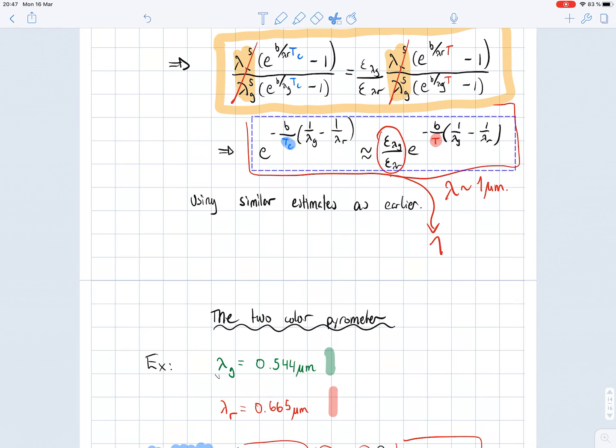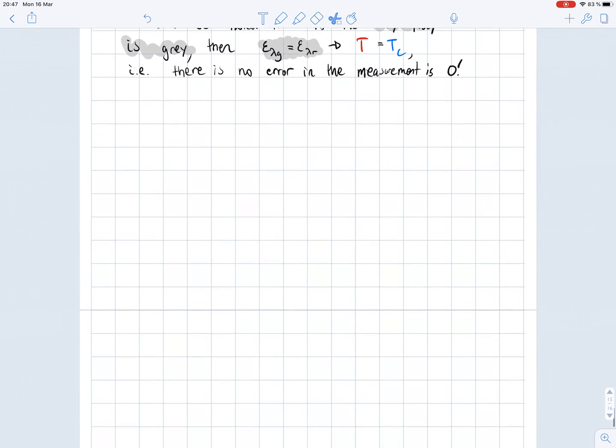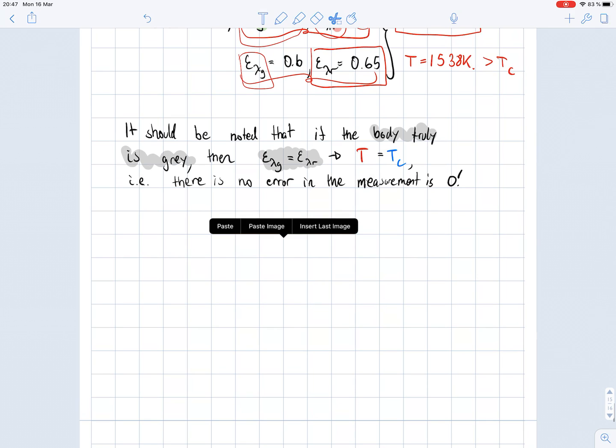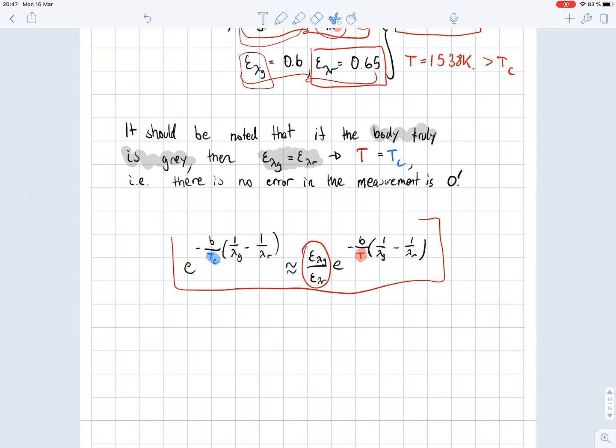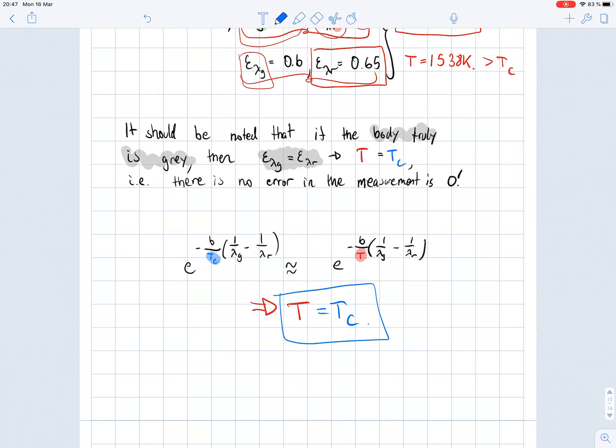And of course this doesn't matter. Then we see that the temperature that we measure is exactly equal to the true temperature of the surface. So the error in measurement will actually be 0 in that case.